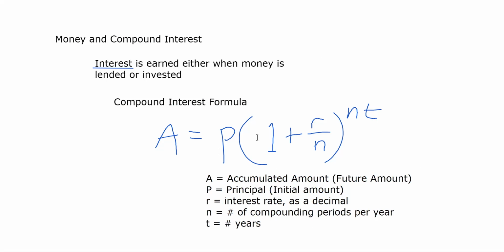So let's break this formula down. According to order of operations, this R over N computation has to happen first. This N times T, you've got to multiply the N and T together before you do the exponent itself. So we're going to need a calculator for these kinds of problems, which is exactly why I had you bust them out.